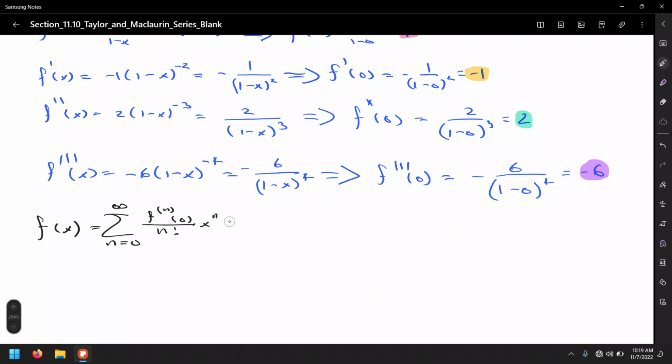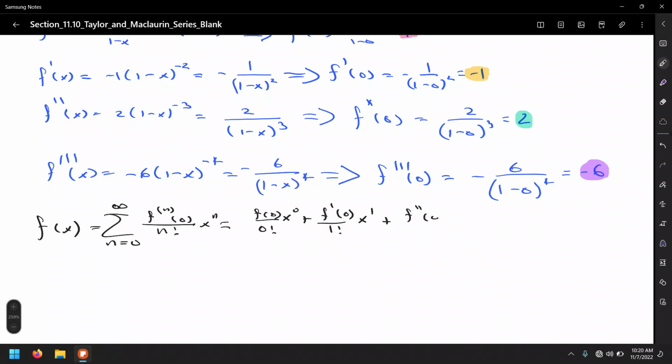I'm going to expand up to the 4 terms actually. I'm going to start with f of 0 divided by 0 factorial plus f prime at 0 divided by 1 factorial, that's x to the first power plus, well, technically this is x to the 0 power. I'm going to write it.